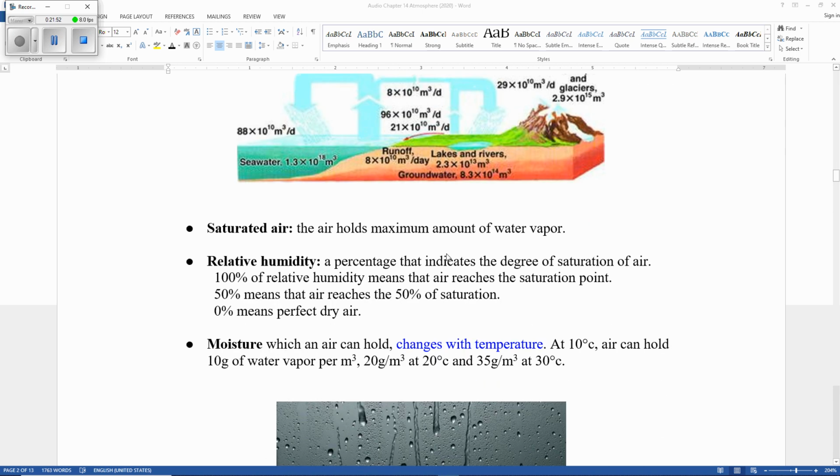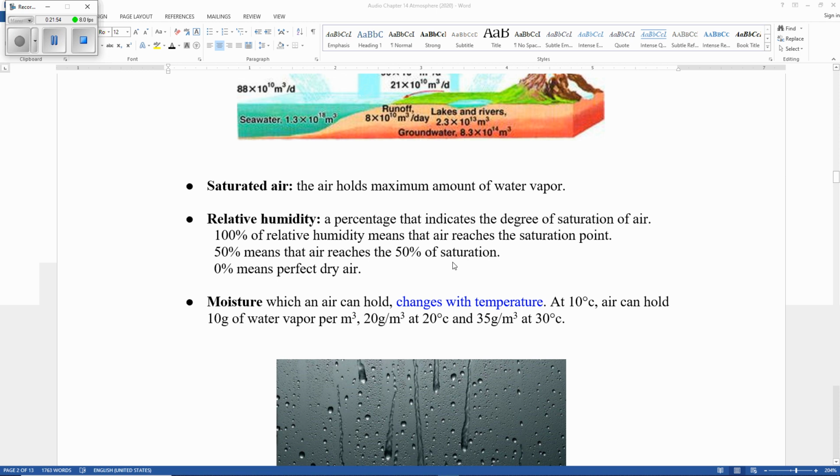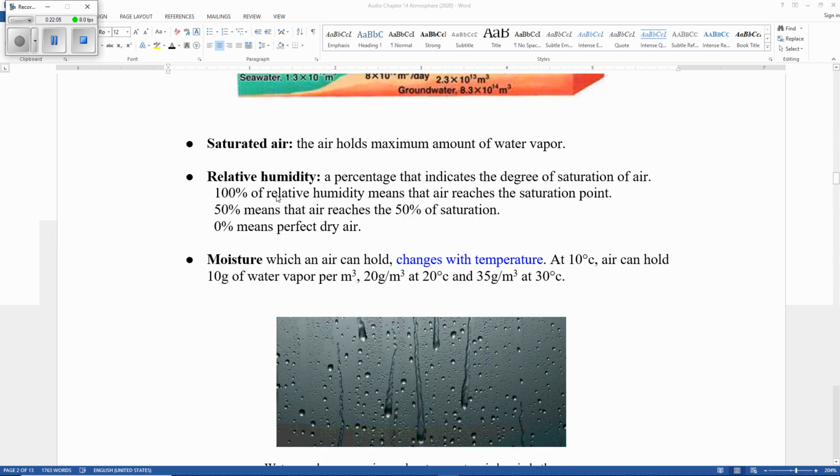Now when air holds the maximum amount of water vapor and cannot hold anymore, we call it saturated air, saturation. When we watch the weather channel, they give us the relative humidity. They will say 100%, 50%, or 75%. This you should remember.